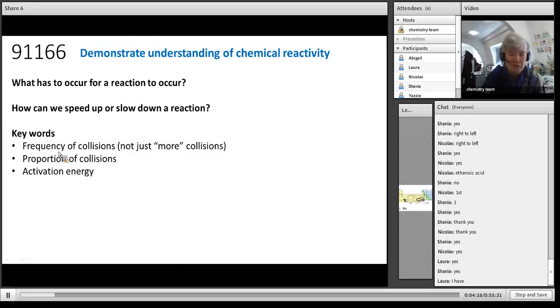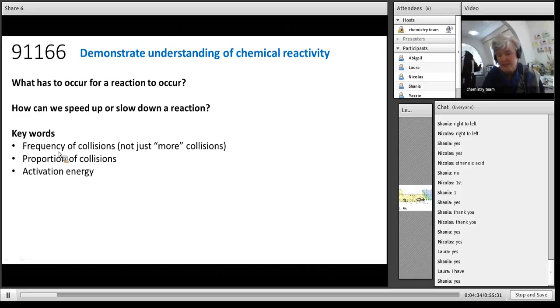It's a very obvious question, but I want you to think about it when you're writing your answer. And that's correct, 7 collisions is more than 1 collision.